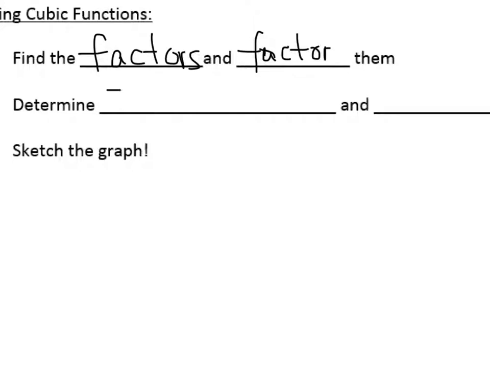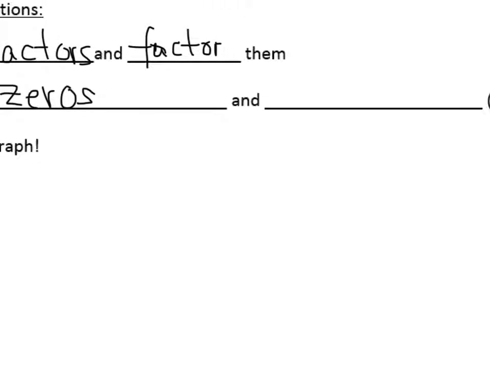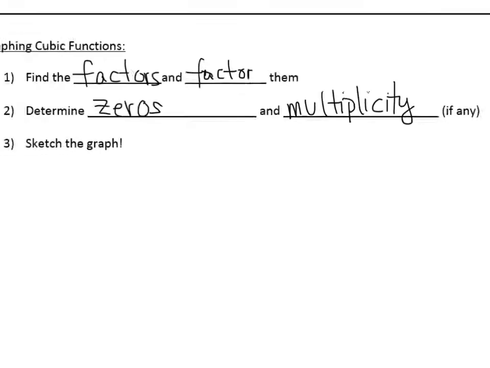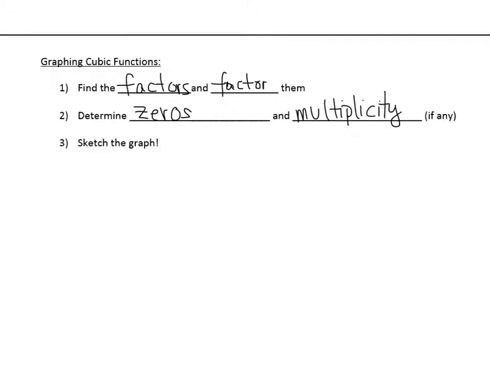We're then going to determine the zeros, which is what we've been doing, and the multiplicity, which is what we were doing just a second ago. And then the third step is, again, to sketch the graph. So we're going to do 2 problems here.